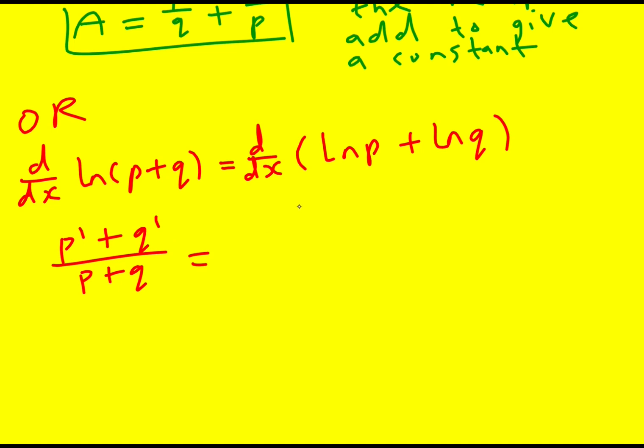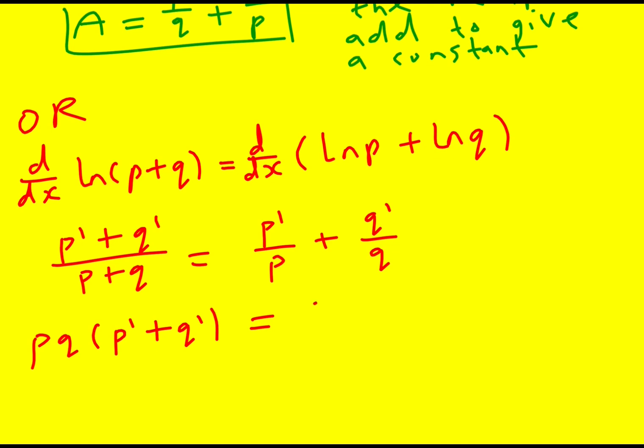And that's then going to equal P dash over P, we differentiate ln P, plus Q dash over Q. I can now multiply through by each of these three terms. So I'm going to get PQ times P dash plus Q dash. I've timesed through by PQ times P plus Q, so that's cancelled and I'm just left with PQ times the numerator.